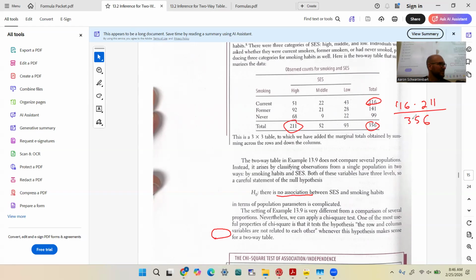That makes sense. What's my degrees of freedom going to be on this one? You can't count the totals rows. 4. Okay, do not count the margins in your totals.